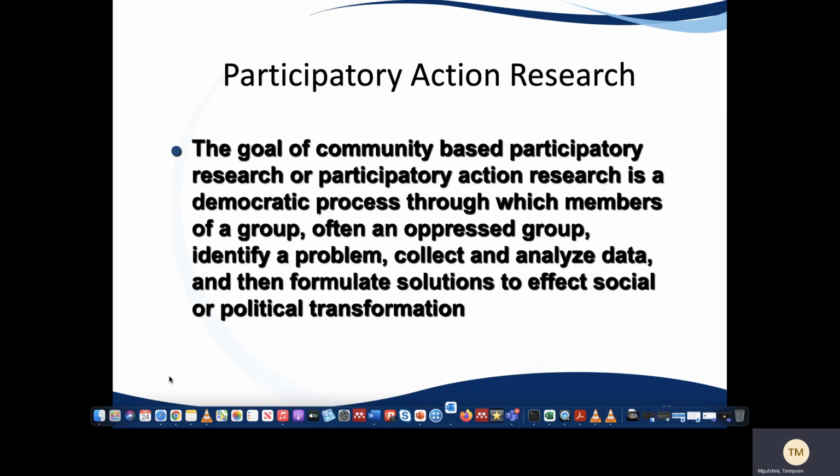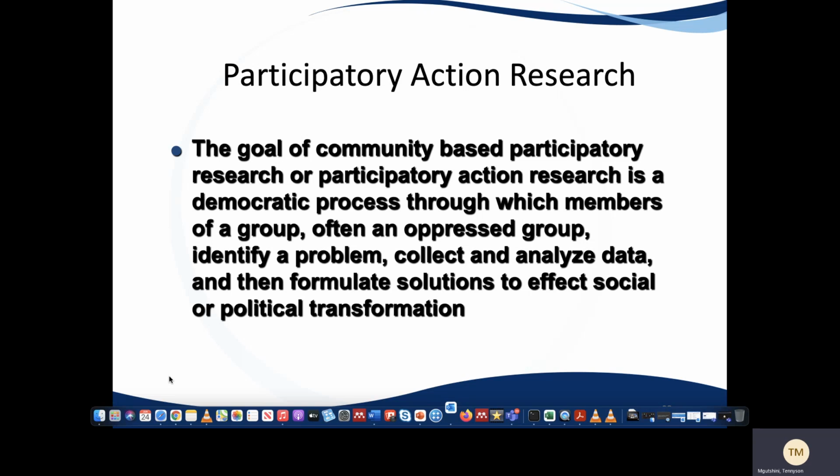The first thing that you know from this is that this type of research emphasizes that those subjects that you study must themselves be participating, and they must participate in an action that's related to this research that you're doing.